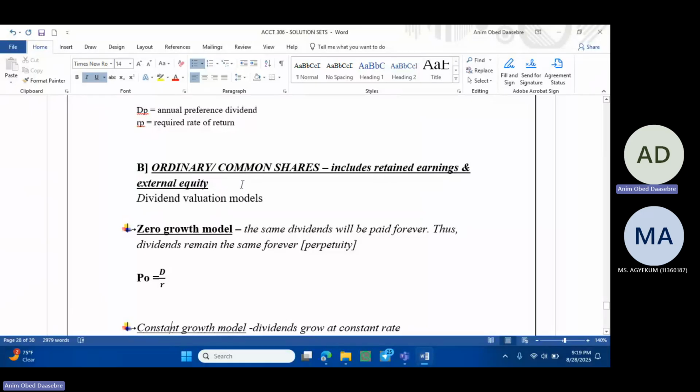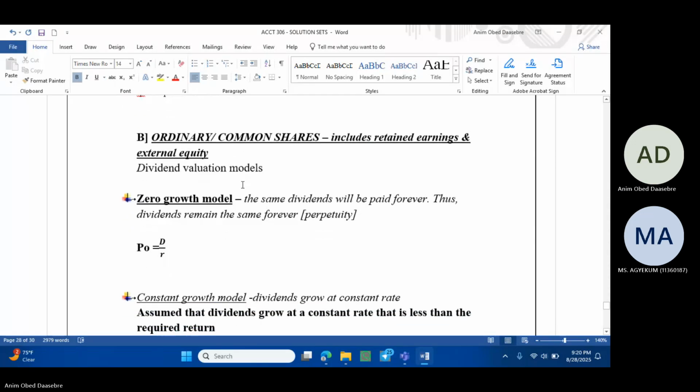Growth rate is not zero. So we use the dividend valuation models, and we have three ways that we use them, based on the growth of the ordinary share.